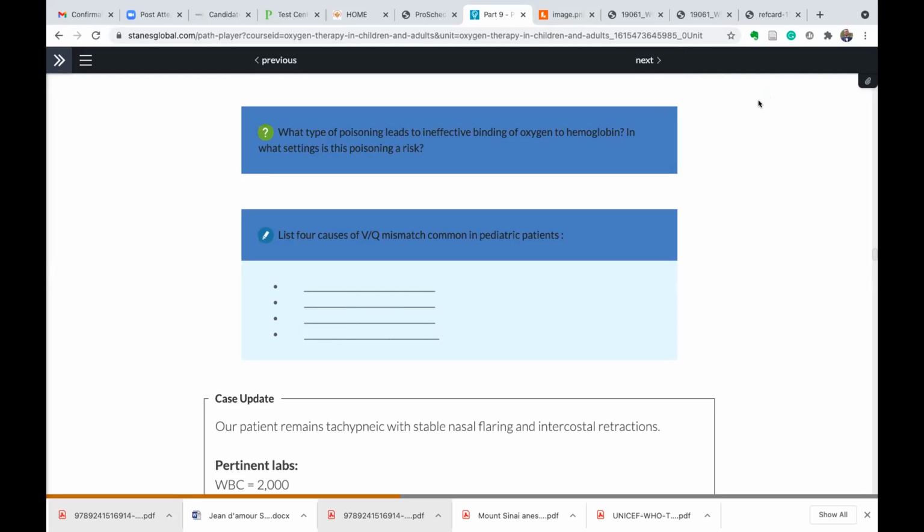Cyanotic heart diseases. Okay. Yeah, we have a good list. So COPD, asthma, heart diseases. Okay, VQ mismatch. So let's see the answer.